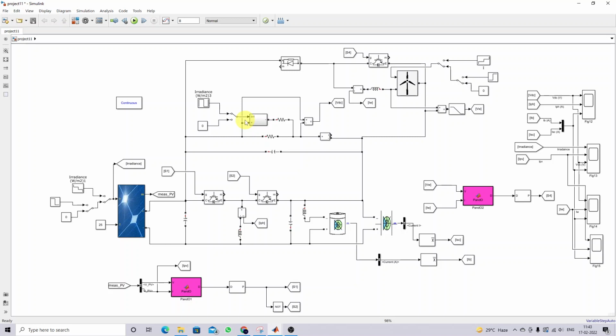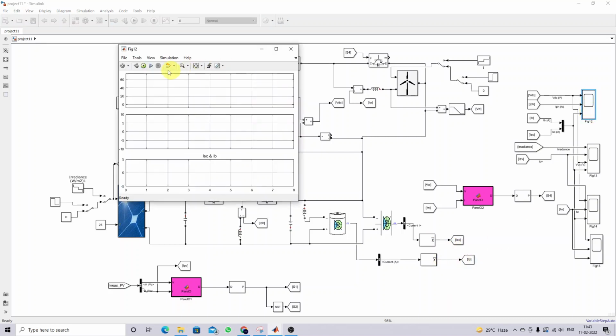That means I'm going to add the load, and then disconnect the load, and check the response of the voltage across this load, and then the current in this inductor. I'm also going to consider the supercapacitor current and battery current. Now I'm going to simulate this model.